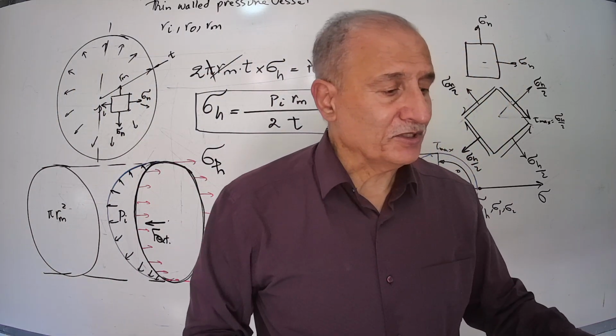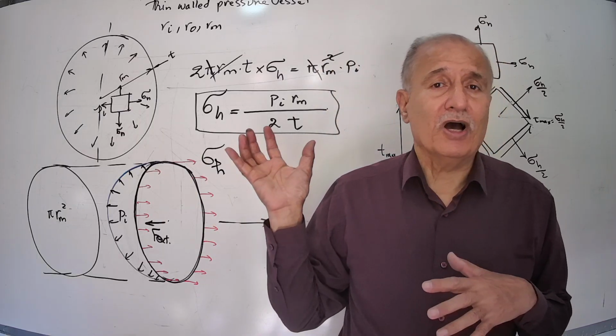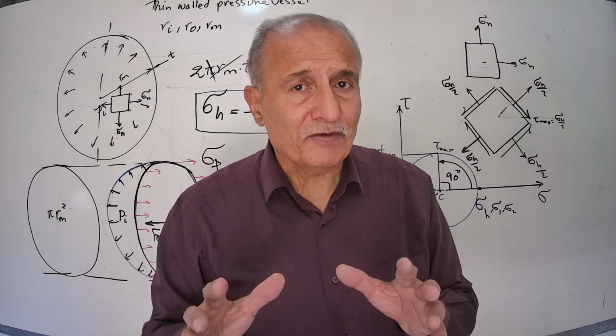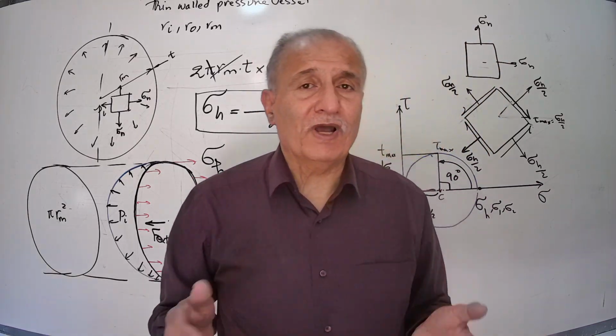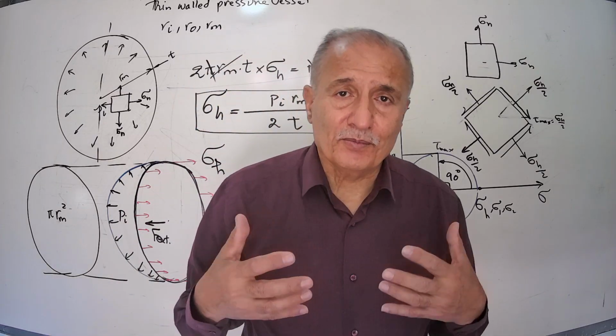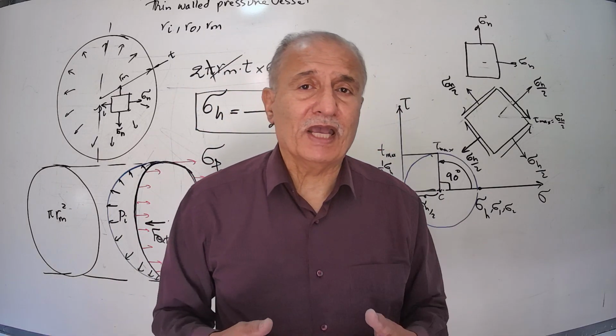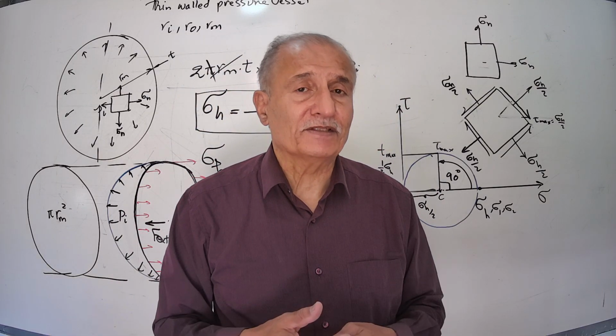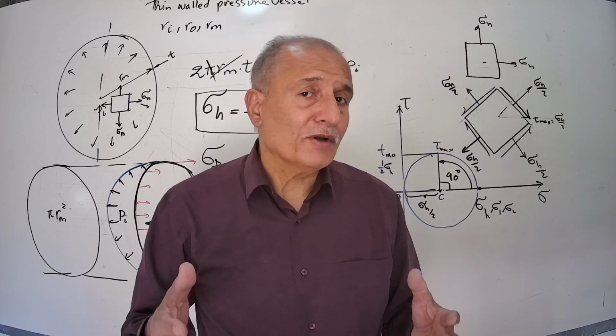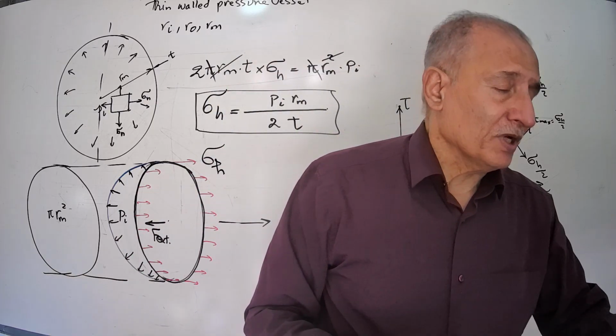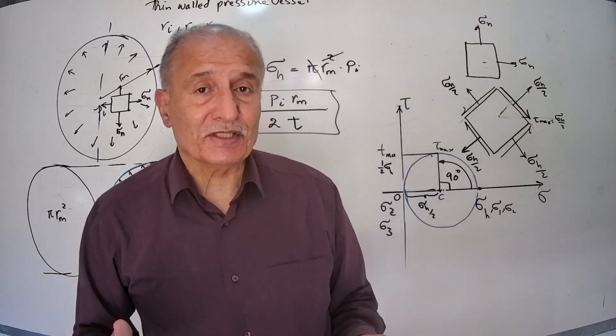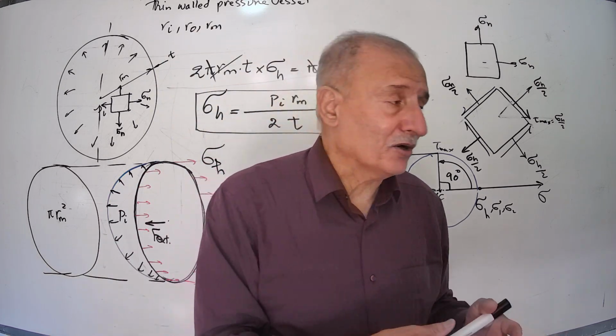ASME, we take this formula and consider the effect of corrosion, effect of welding, effect of milling machine to produce the plate, milling machine tolerance, and then reach a formula and calculate the thickness, because they know the material.